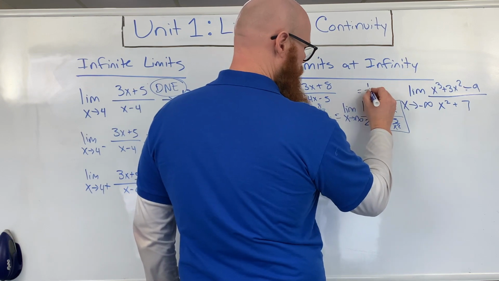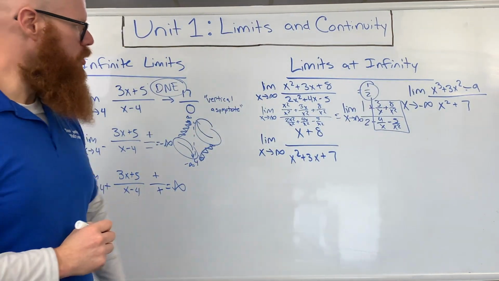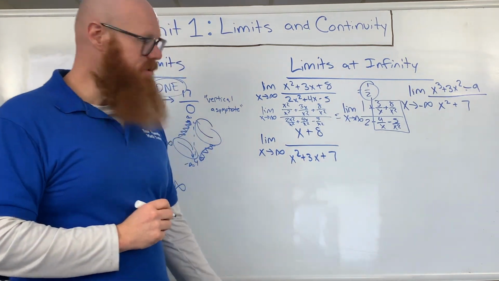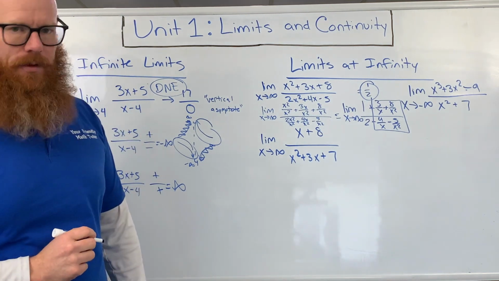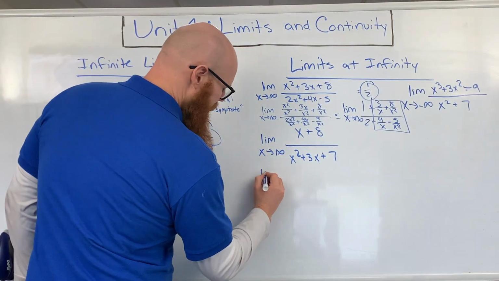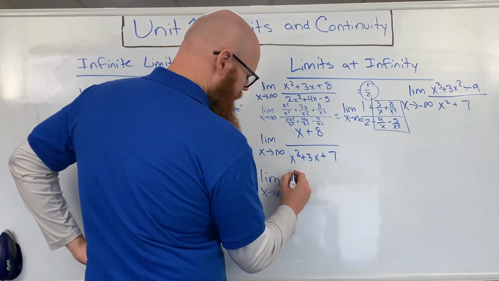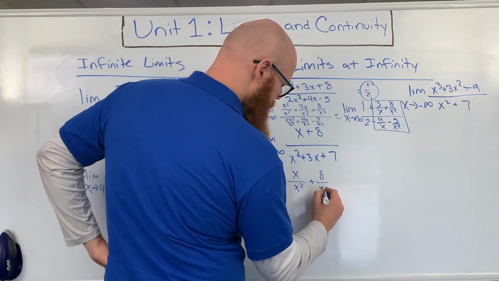So I'm going to write that over here because we're going to do something similar here. So when you've got infinite limits of rational functions, this is the general strategy. Just divide everything by the largest power of x on the bottom. So let's try that here in this problem. So I'm going to divide everything by x squared. So x over x squared plus 8 over x squared.